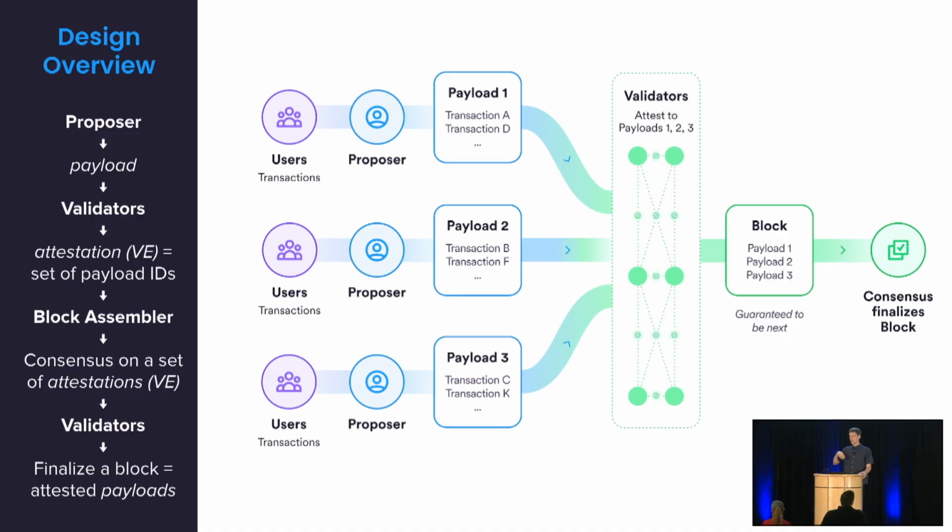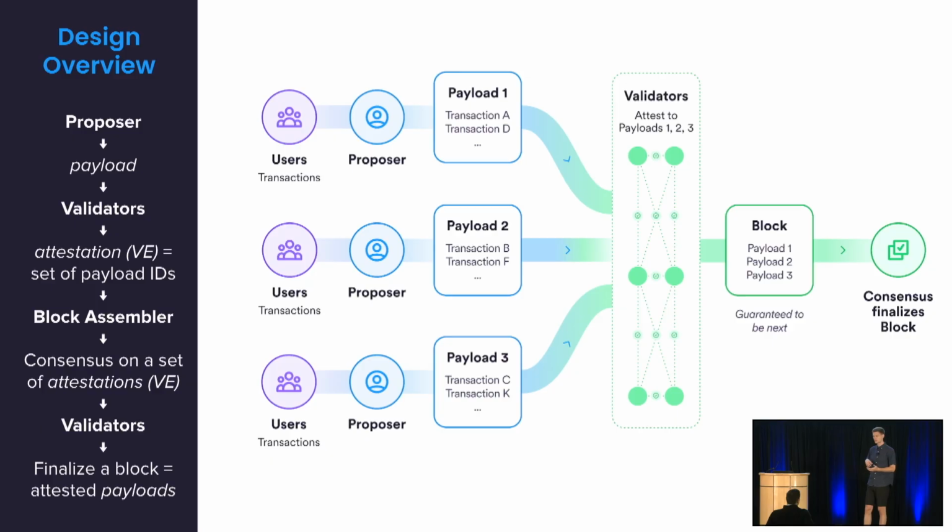And then consensus will finalize on the block, and because of these vote extensions, the finalization of this block includes all of the payloads that validators know about. And this creates a wonderful property where the very next proposer, or the block assembler as we call them, in consensus will simply look at the previous finalized block.